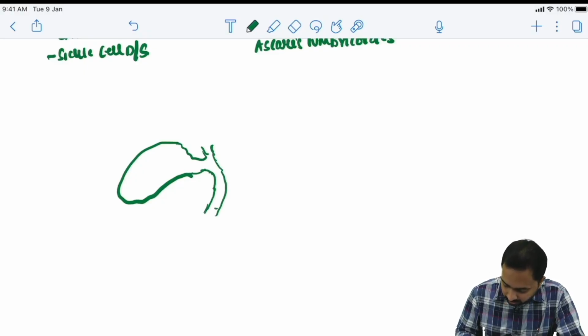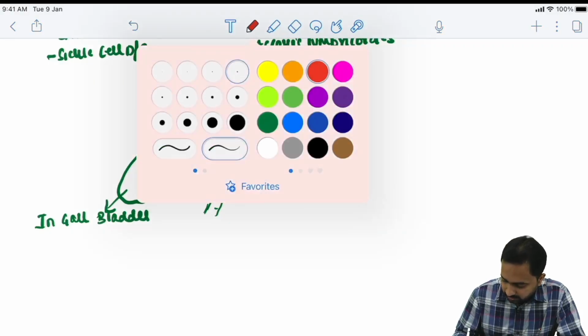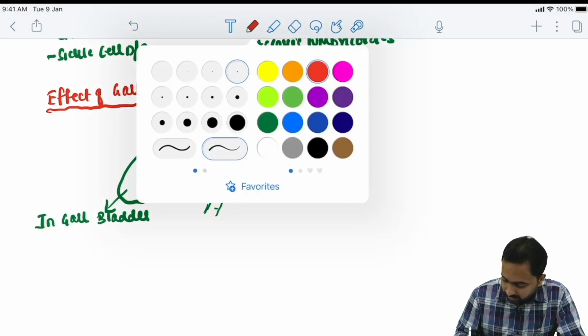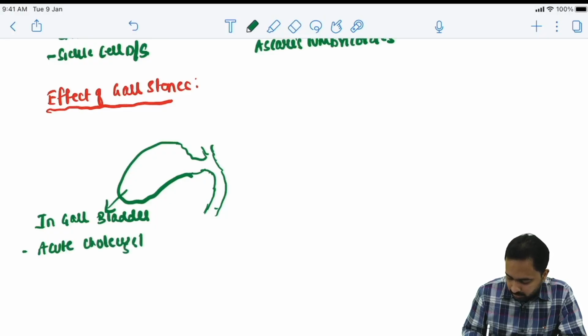So in the gallbladder, here we are discussing the effect of gallstones. So what can it do with the gallbladder? It can cause acute cholecystitis.